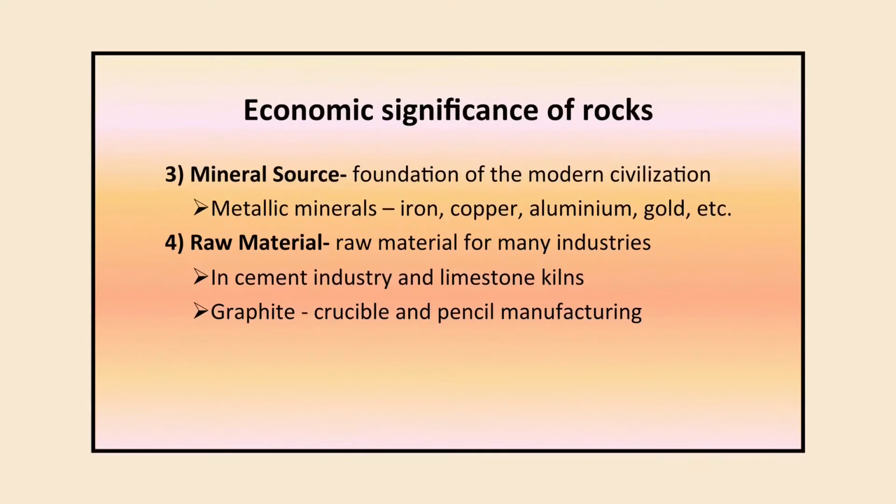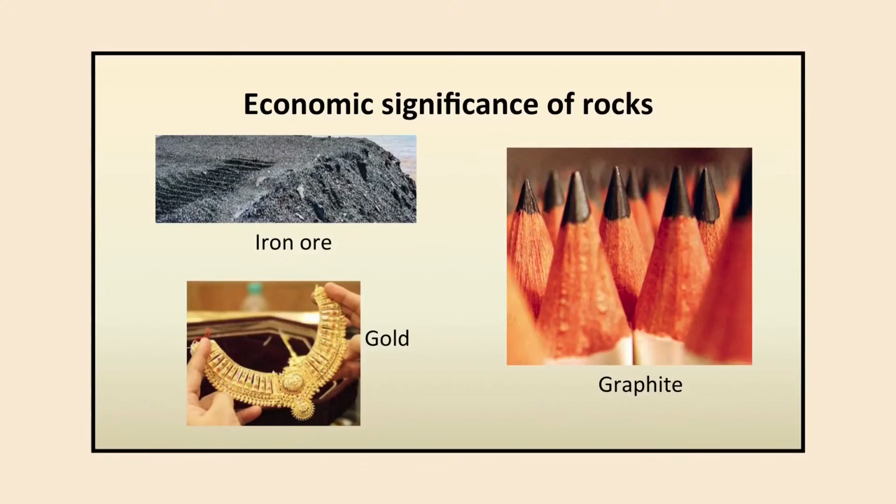Then the fourth important economic significance is that it provides raw material for various industries like the cement industry, and graphite is used for crucibles and pencil manufacturing. In this picture you can see three different things. One is iron ore, which is used in various industries for various purposes.